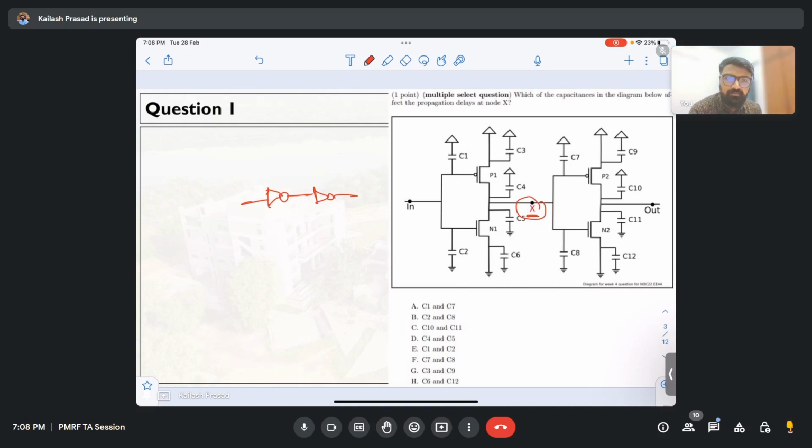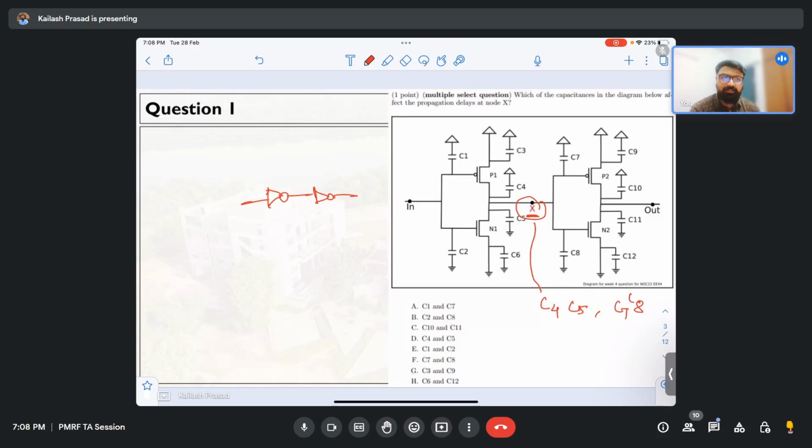C4, C5, and C7, C8. Okay, thank you. So the correct answer is C4, C5, then C7 and C8.